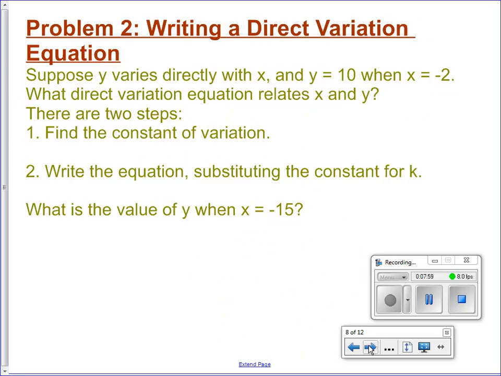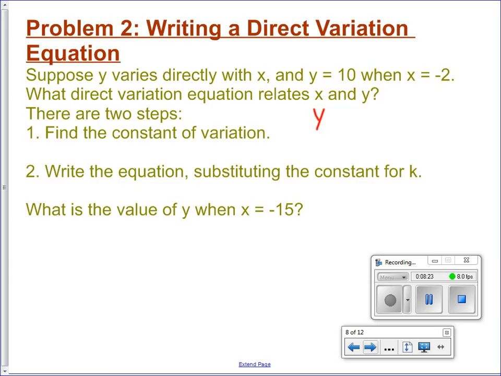Problem 2, writing a direct variation equation. Suppose y varies directly with x, and y equals 10 when x equals negative 2. What direct variation equation relates x and y? All right, well, we have 2 steps to do this. Our first step is to find the constant of variation.